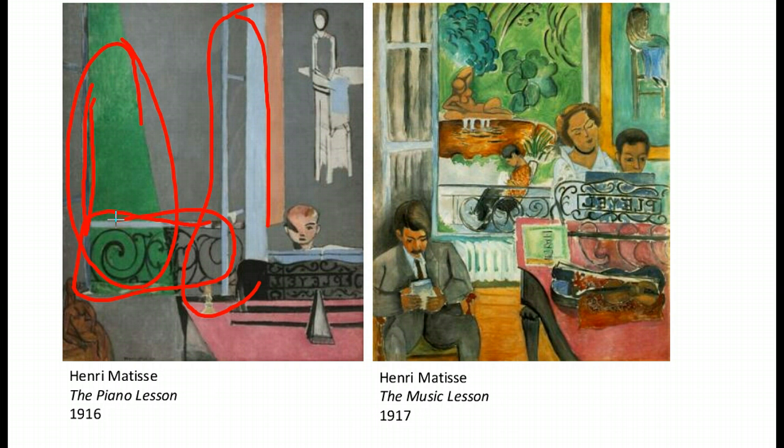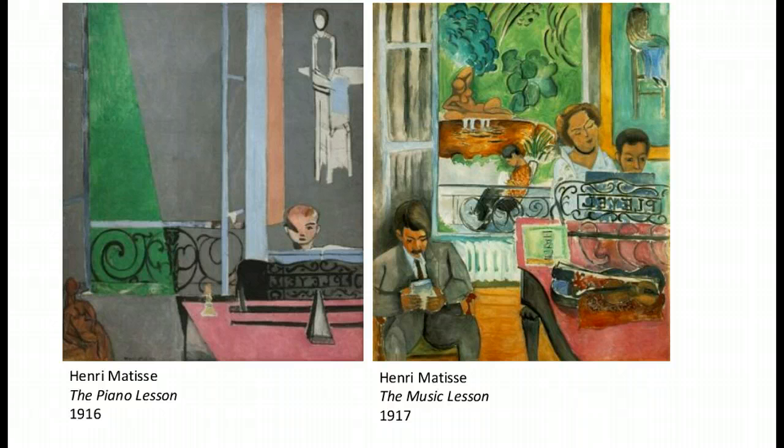We get the sense that there might be a green outside area just beyond those doors. This thing is perplexing. We don't quite understand how that operates. Is this a person who's giving the piano lesson? Is this another member of the family who's in the room for said piano lesson?